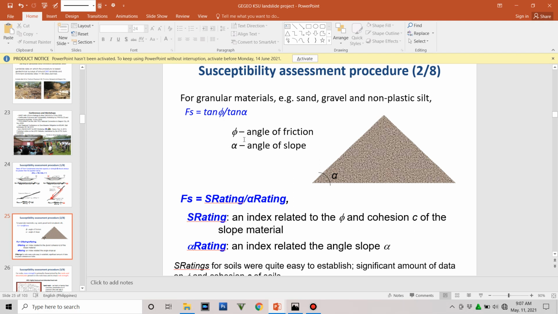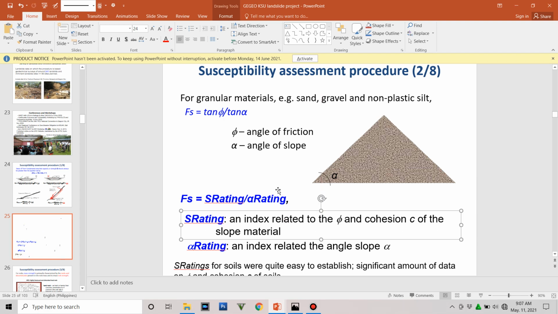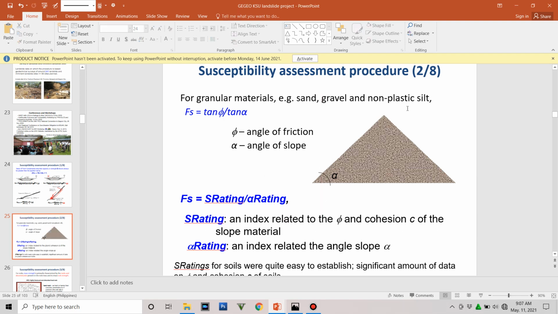In soil, we have the angle of friction and the cohesion. So the angle of friction: when we dump a soil, the angle that will be formed out of this stockpile is the angle of friction.